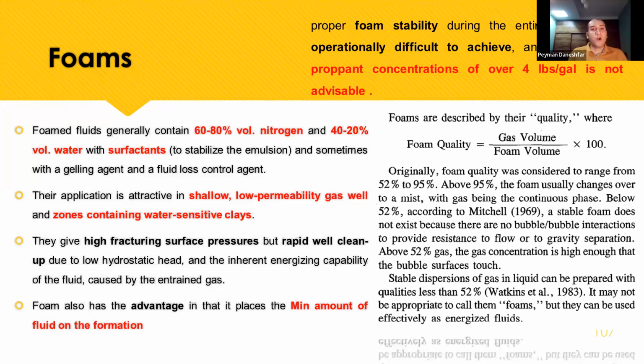A foam quality between 52 and 95 is considered foam, but above 95% it is like a mist, and below 52%, according to Mitchell, a stable foam does not exist, but there are no bubble interactions.